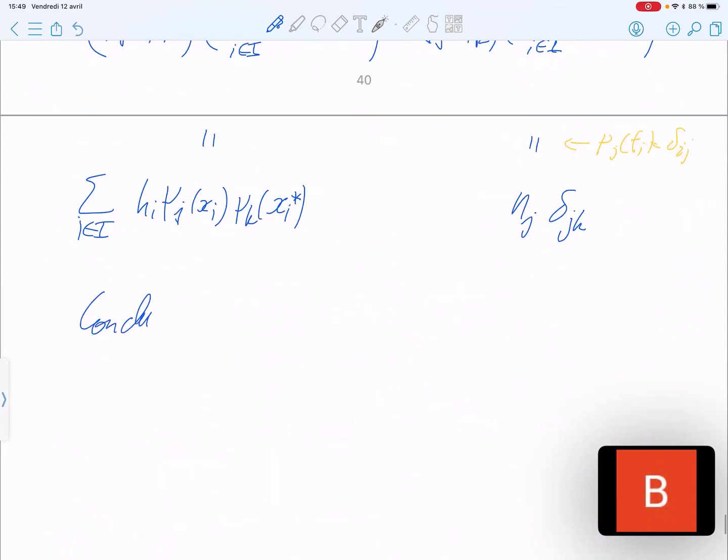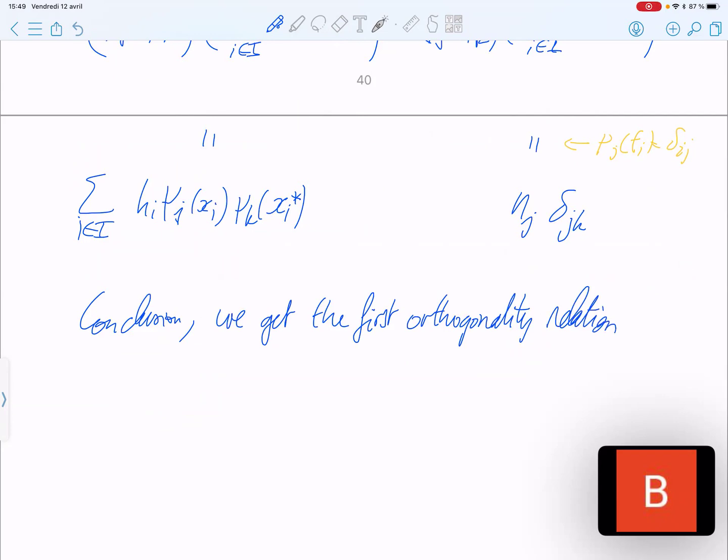Conclusion: we get the first orthogonality relation.